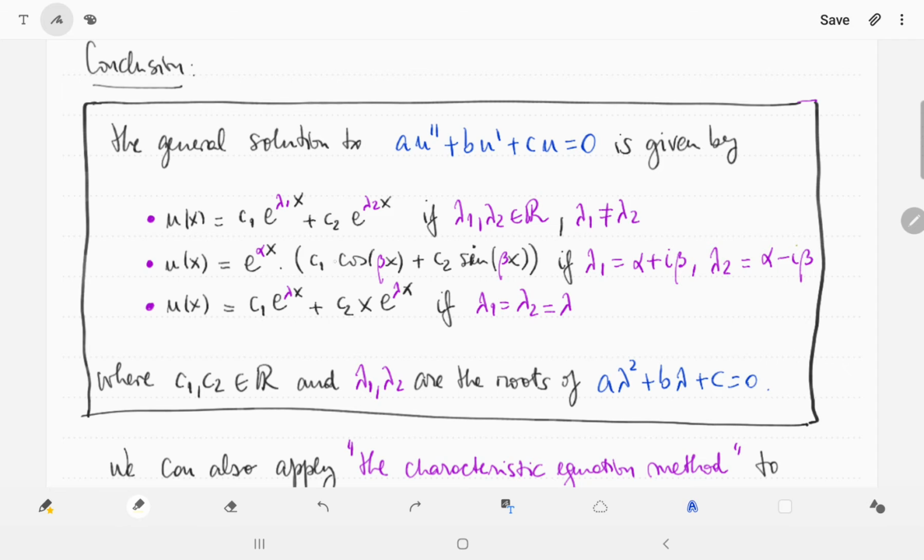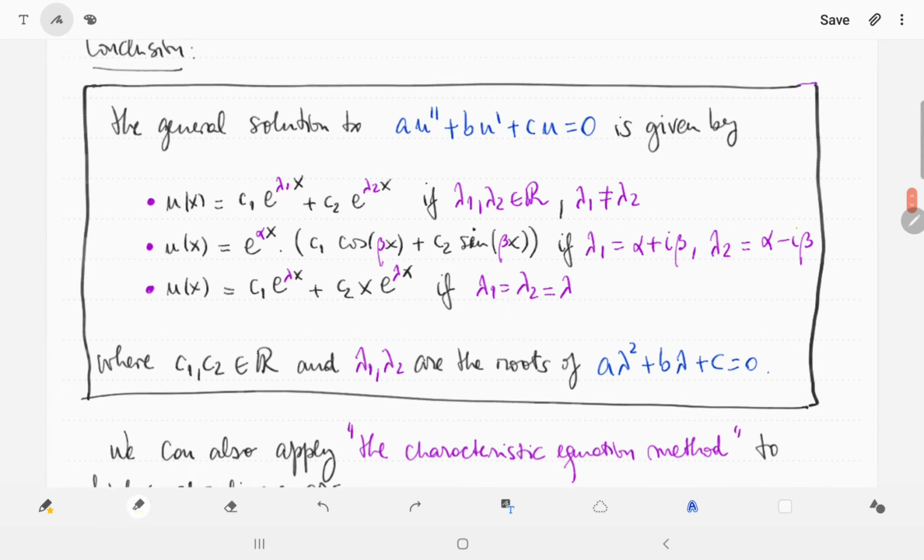It is this linear combination between cosine and sine of beta x times this exponential here when the roots are complex and have this form. And finally, the same exponential, but one with an x in front, when we have only one root with multiplicity 2. So this is the first conclusion.